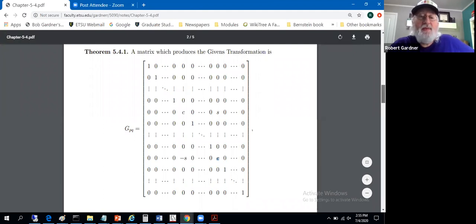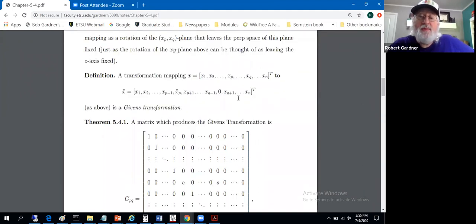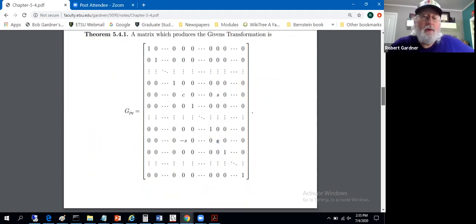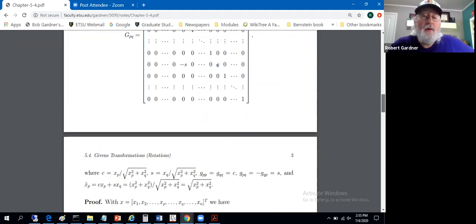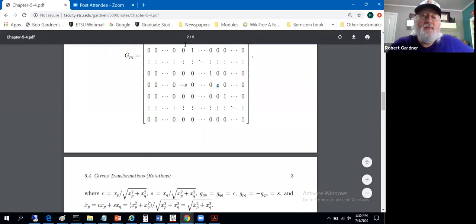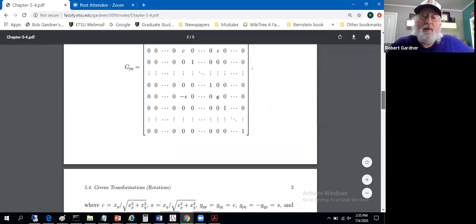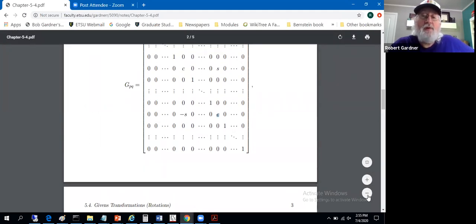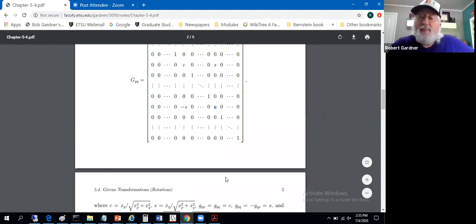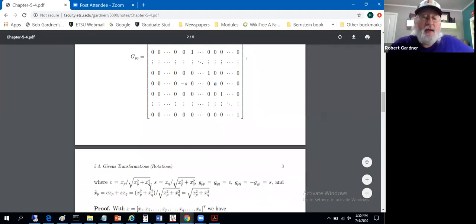So the claim is that matrix performs this kind of mapping where the C value is chosen as x sub p divided by the square root of xp squared plus xq squared. The S value is x sub q divided by the square root of xp squared plus xq squared. And G sub pp and G sub qq are given as C, as drawn in the picture.